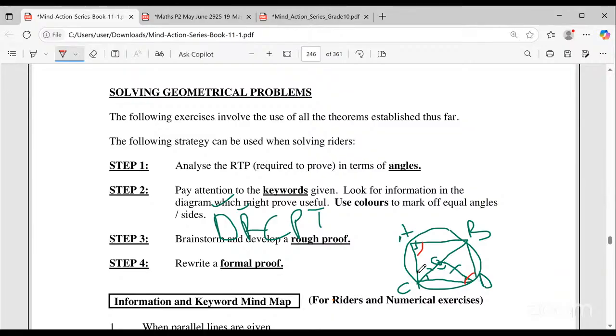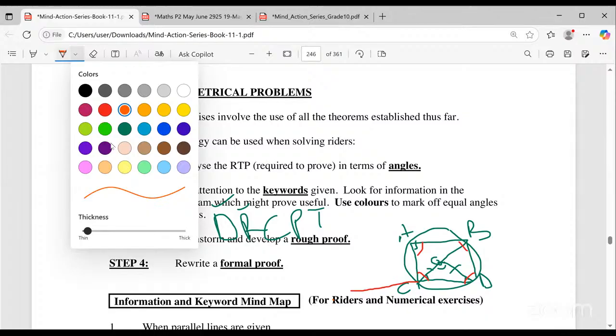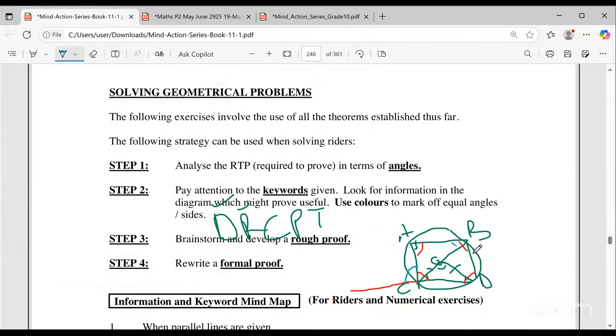The same applies with C and B. When we add C to B, we get 180 degrees. This is one of the properties of a cyclic quad. When we extend the line CD, we are going to have this angle. Let me quickly change the color. This angle is going to be equal to that angle. Reason being, exterior angle of a cyclic quad is equal to interior opposite angle.